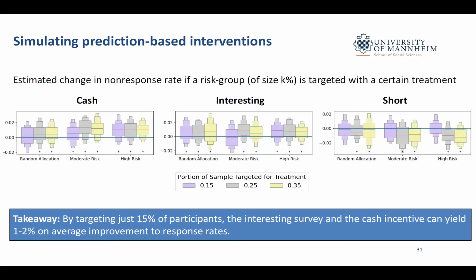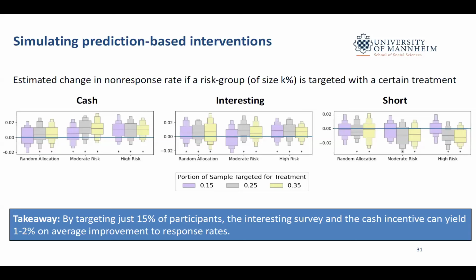And so the zero line is important because zero would mean no change. And if the value goes below the zero line, that means that our intervention actually made non-response worse. But the higher the value is above the zero line, the more effective our adaptive design was in reducing non-response. And the values in the y-axis directly correspond to how much the absolute non-response rate changed.